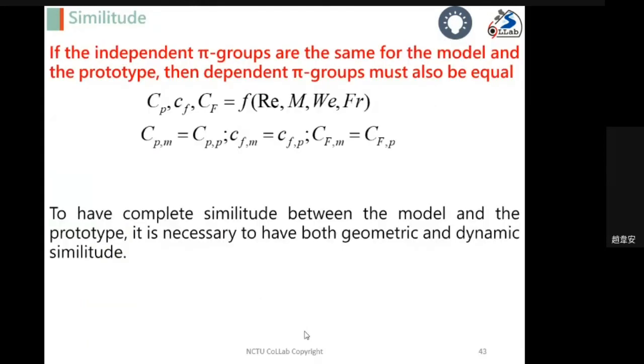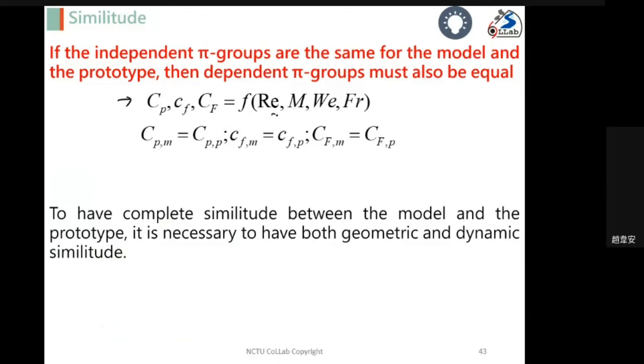So we know that if the independent pi groups are the same for the model and the prototype, then the dependent pi groups must also be equal. This is based on the equation shown here.